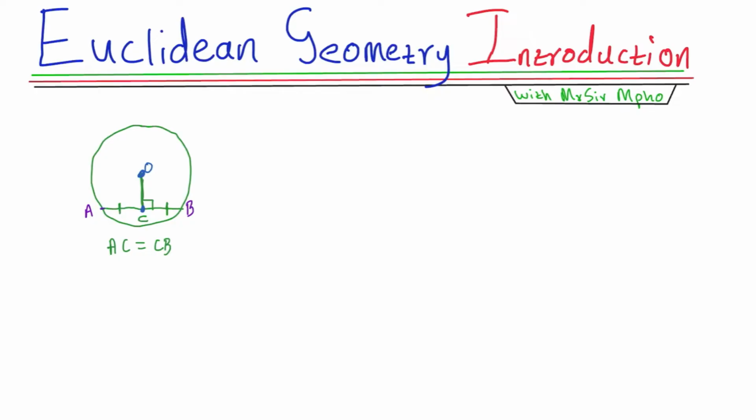If you have a line which is a chord and there's another line here which is perpendicular to the chord, that's why it's called a perpendicular bisector of a chord. It's perpendicular, and bisector means it cuts the chord into two equal halves. That line has to pass through the center of a circle, meaning it's going to be a line drawn from center. Does it make sense?